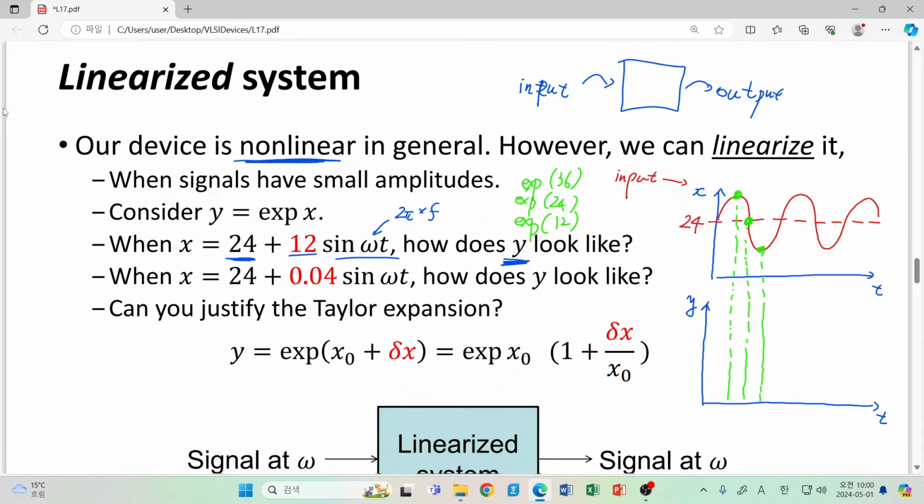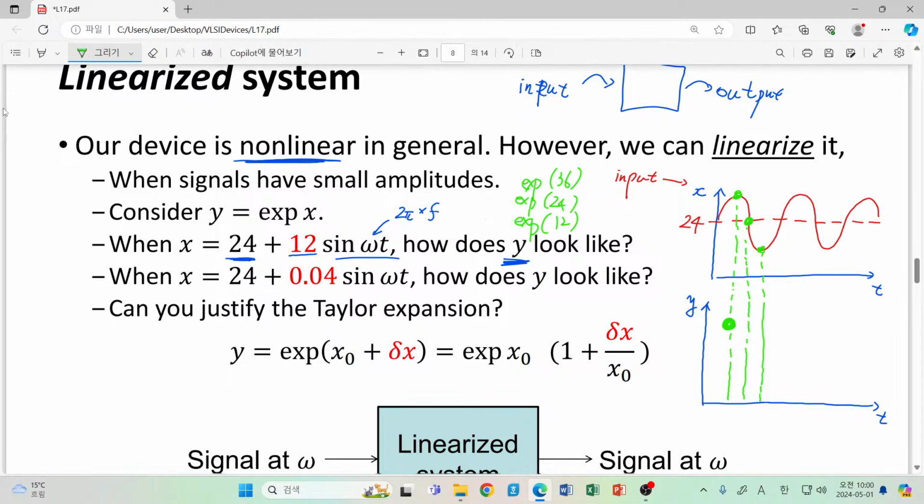When you draw it in a linear scale, how does it look like? You will just have one value corresponding to exponential over 36, and the other two values, exponential over 24 and exponential over 12, cannot be recognized as non-zero values. You will have just a vanishing value.